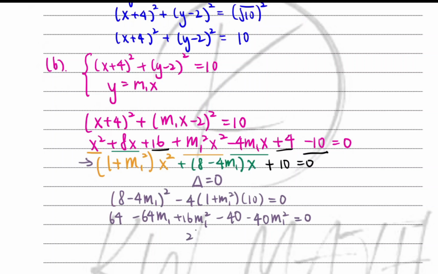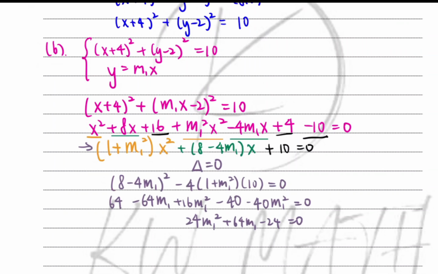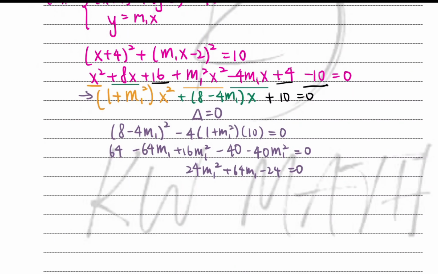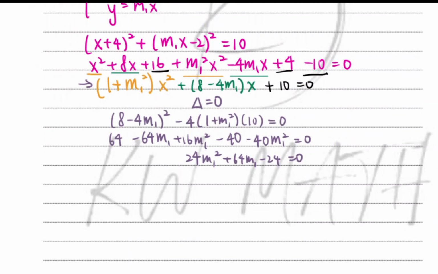So you get 24m1² + 64m1 - 24 = 0. Later on when you use the formula, you can get m1 equal to 1/3 or -3.